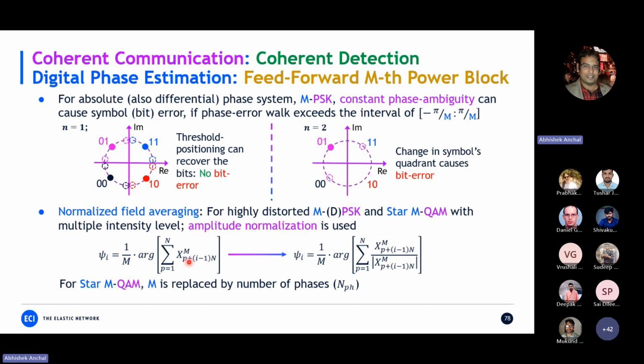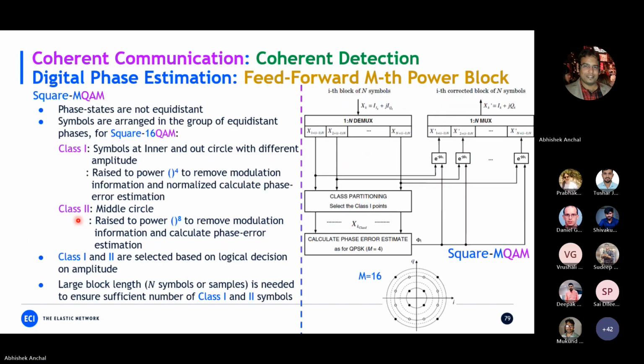So instead of detecting this, they try to normalize the intensity, so that everything is reduced to nearby one. So this intensity variation will reduce, and phase estimation will be a little bit better. That's the trick they play when we have a very noisy signal coming in.